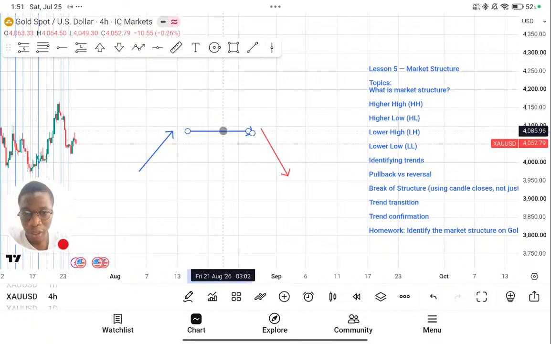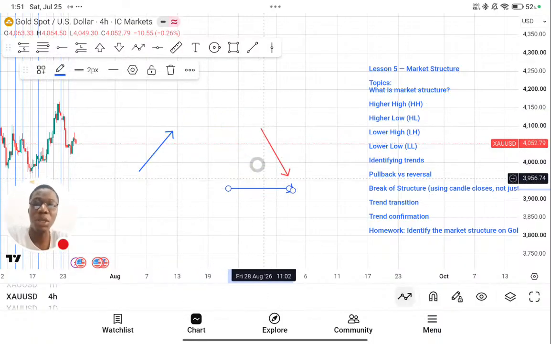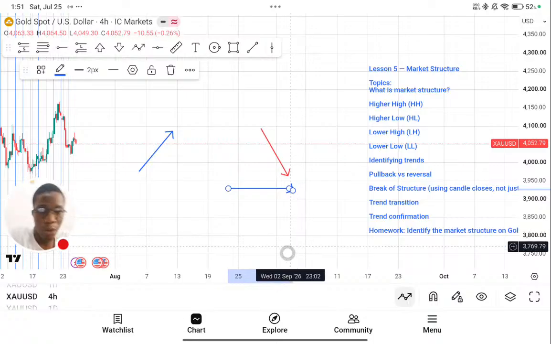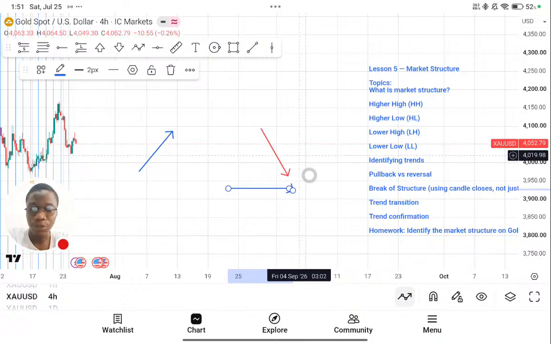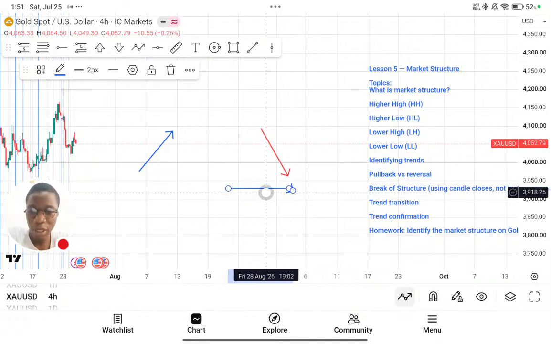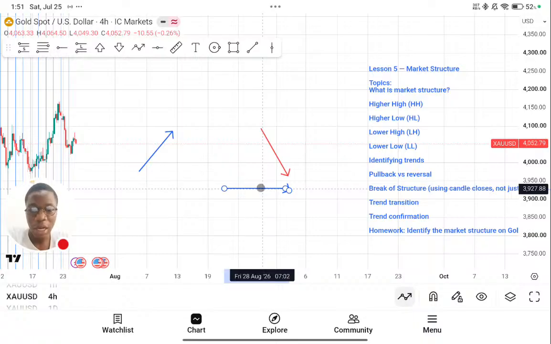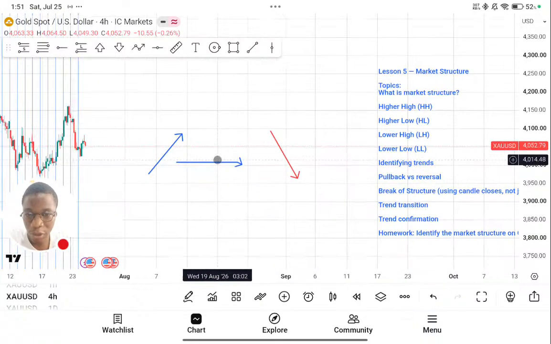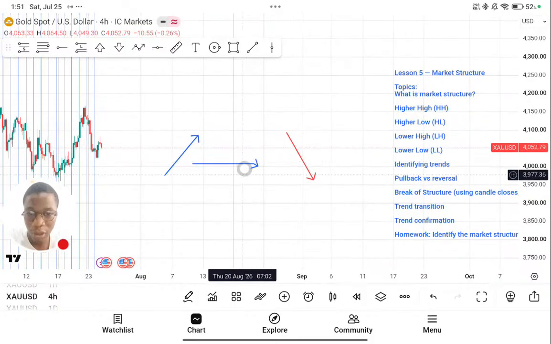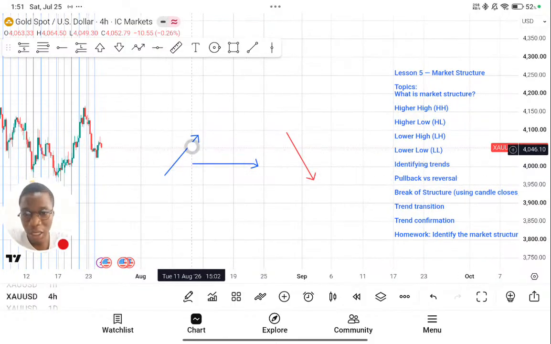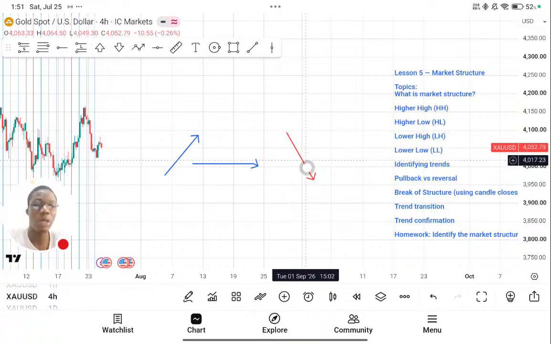Also, this ranging market happens when we have major moves downward and price is resting at a point. It's not moving anywhere, just there, neither making new highs nor new lows. And this is the kind of market you don't want to be trading. With this market condition, the mid one, the ranging market, we trade either in uptrends or downtrends.